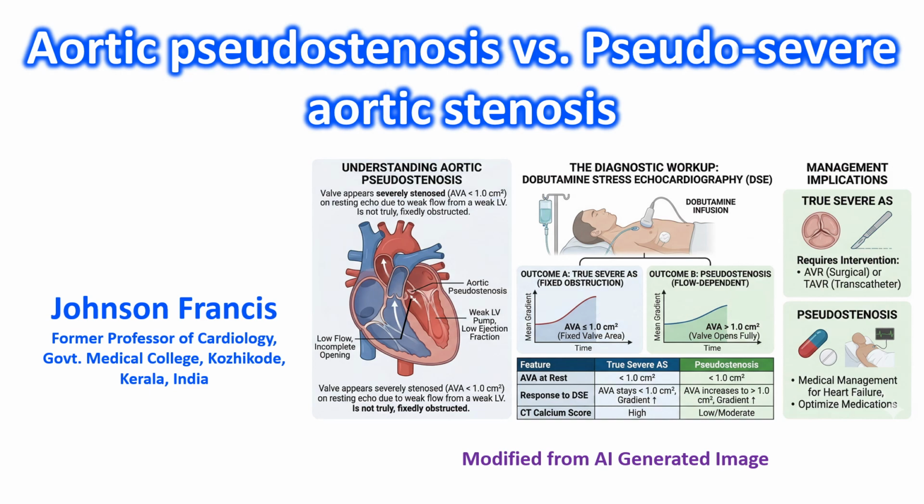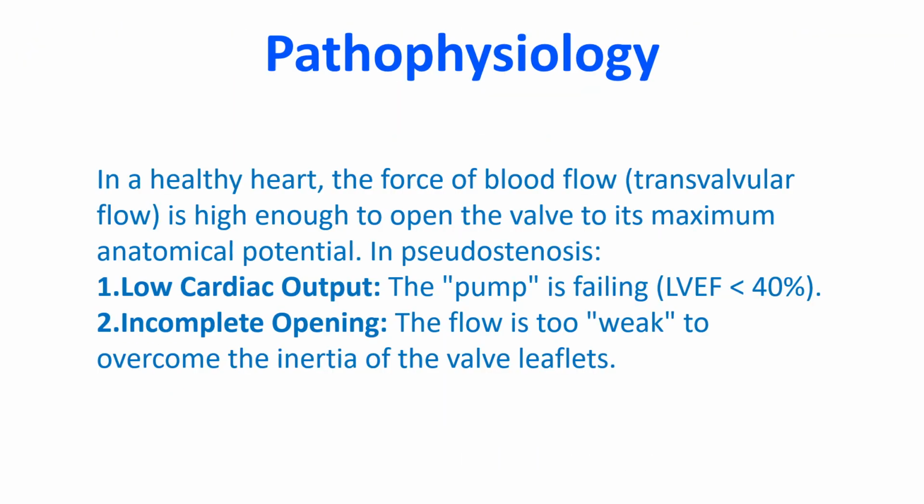That is a variety of low flow, low gradient aortic stenosis in which aortic valve opening is reduced because of left ventricular dysfunction. Even moderate aortic stenosis appears as severe aortic stenosis. In a healthy heart, the force of blood flow, that is transvalvular flow, is high enough to open the valve to its maximum anatomical potential.